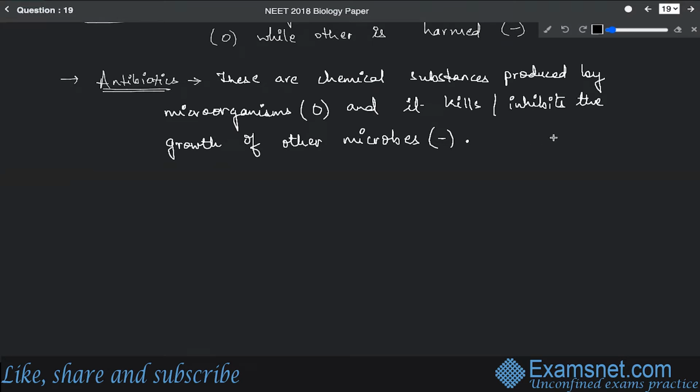One of the best examples of an antibiotic is penicillin, produced by Penicillium notatum, the Penicillium fungus.